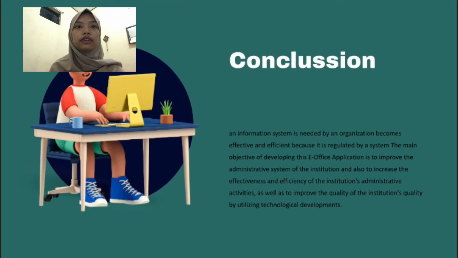The results of this study indicate that the e-office application developed with Codeigniter is in the almost perfect category for use, with a percentage of the trial of more than 85%.